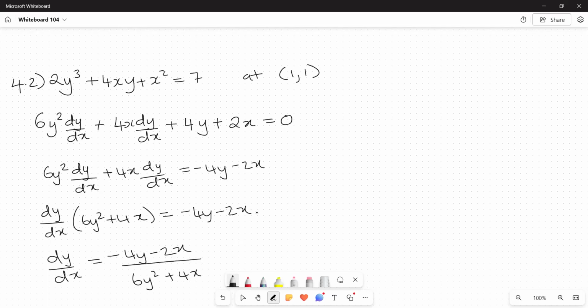Okay, so even before that, I see that 2 is a common factor everywhere, so I can divide numerator and denominator by 2. So I have minus 2y minus x, and this is over 3y squared plus 2x.